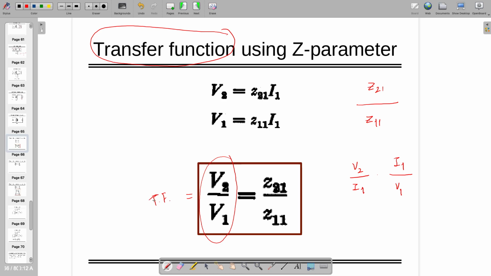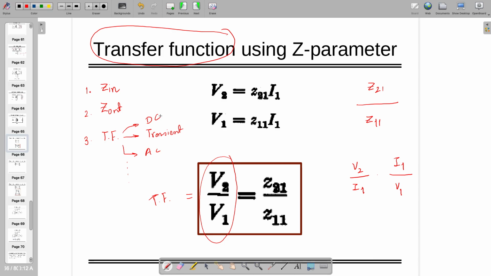What is the usage of this analysis? We are doing this analysis mainly for three reasons: to find the input impedance of any circuit, the output impedance of any circuit, or the transfer function, so that I can find its transient and its AC response, or others like DC also, right?